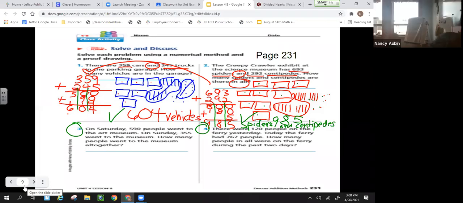Be careful on number 3. It's not 14 ones, it's 14 tens. You gotta add the 0. Now, we're doing numbers 3 and 4.